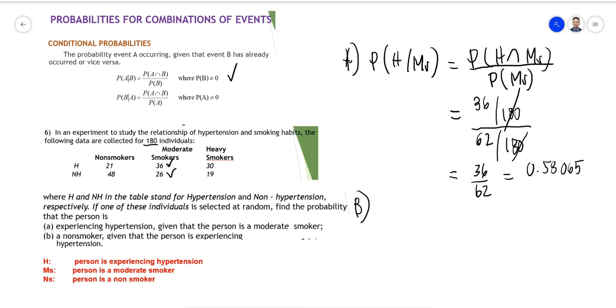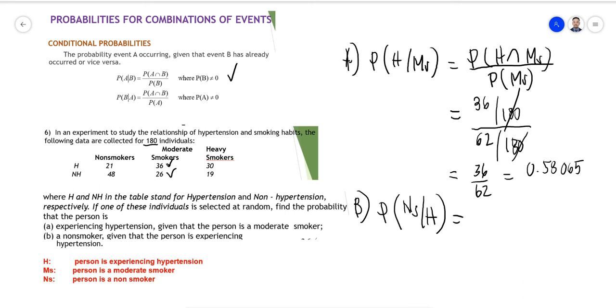For letter B, a non-smoker, given that the person is experiencing hypertension, is the probability of non-smoker NS given hypertensive.